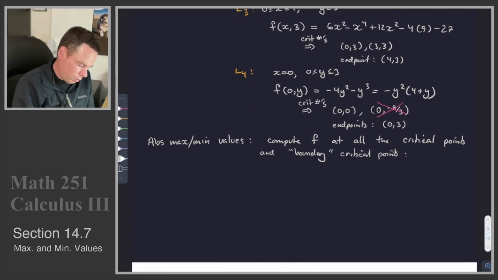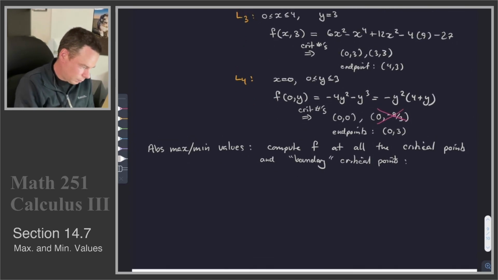And so what are those? Those are f at (0, 0), f at (root 3, 0), f at (root 7, 2), f at (3, 3), f at (0, 3), f at (4, 3), and f at (4, 0).